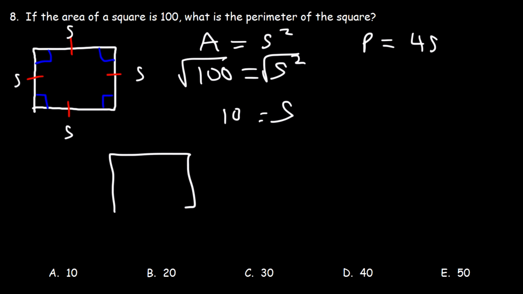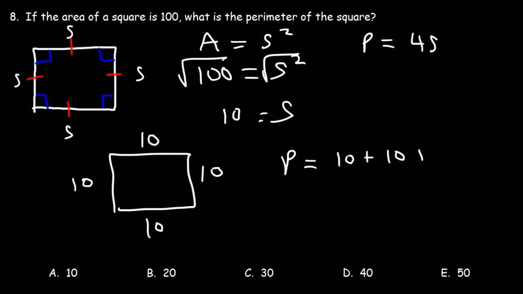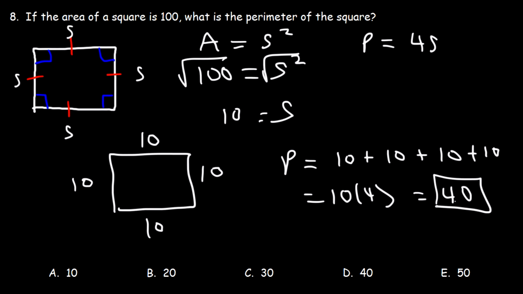So therefore, we have a square where all 4 sides are 10. So to find the perimeter, we just need to add 10 4 times. And that's equivalent to saying 10 times 4, which is basically 40. So that is the length of the perimeter of the square. It's 40 units long. So D is the right answer.